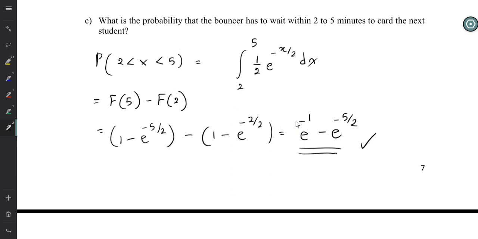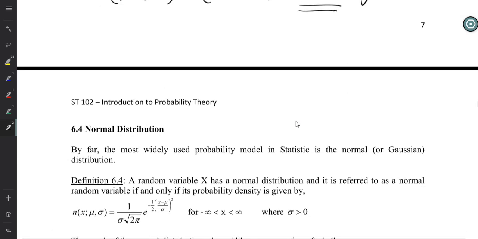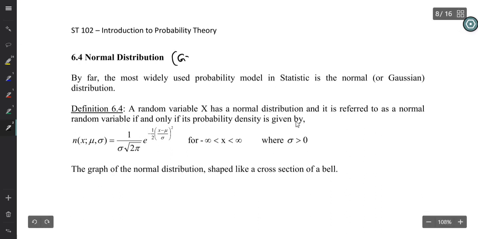But we move on to another important distribution in statistics, which is called the normal distribution. Normal distribution or the Gaussian distribution.